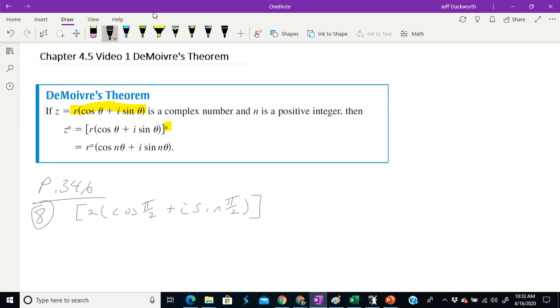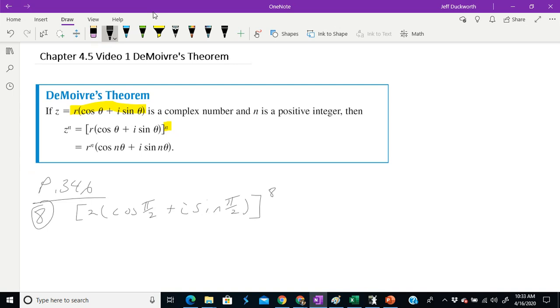This is a number in trigonometric form in the brackets there, and they're raising it to the 8th power. Okay, so we can solve this without having to do much work.